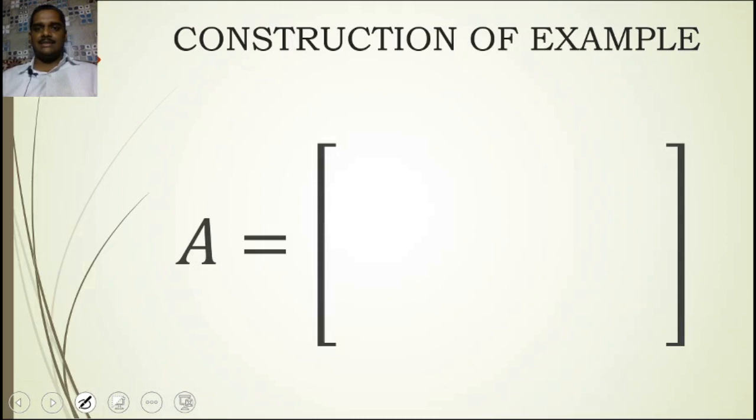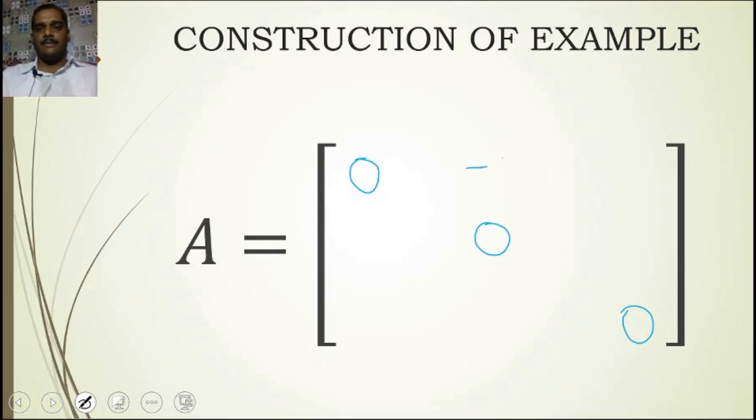Okay, so let's construct one example of a skew-symmetric matrix. For the construction, we note 2 points. Number one, diagonal entries have to be 0. So first of all, you put 0 on the diagonal, and after that, cross diagonal entries have to be negatives of each other.